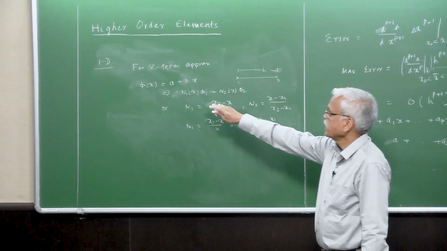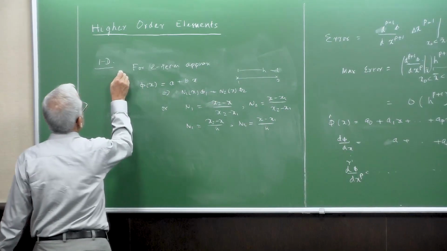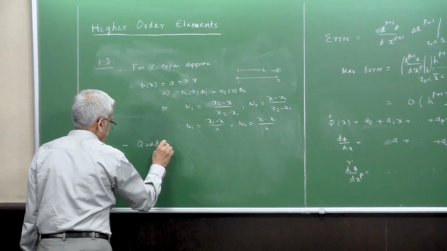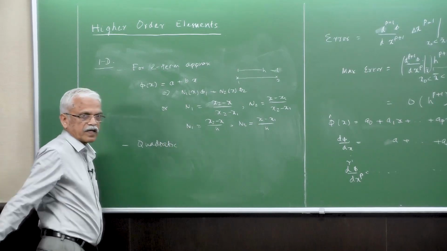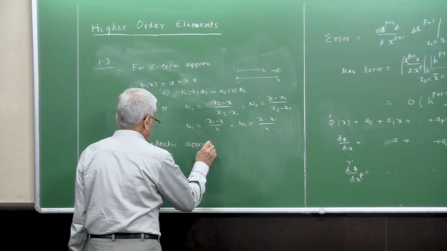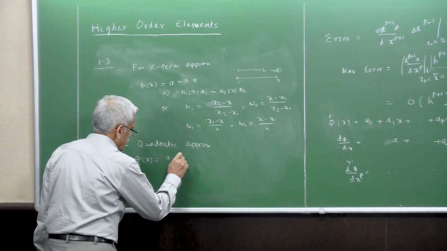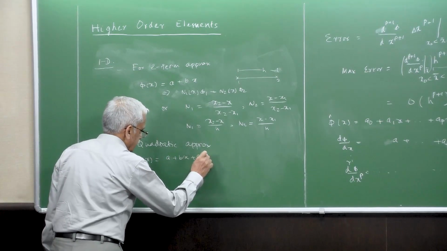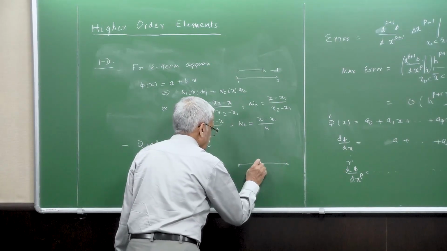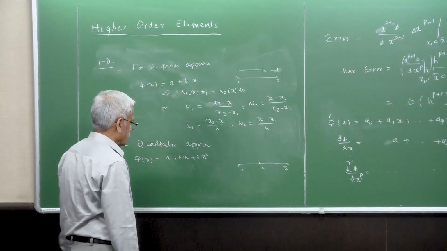So this is for two-term approximation, where the approximation is linear. If you go for quadratic approximation, this phi hat will have three terms, a plus bx plus cx squared, which is obviously going to have three nodes, 1, 2, 3.